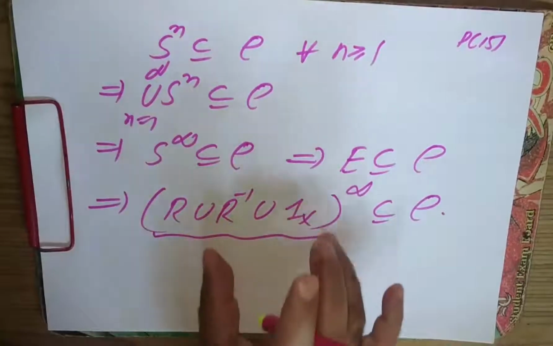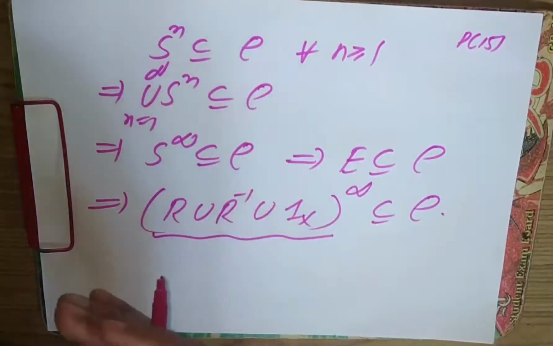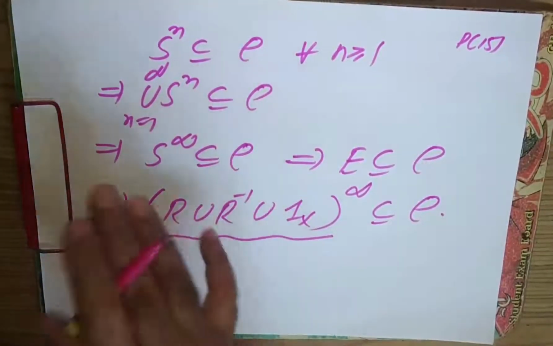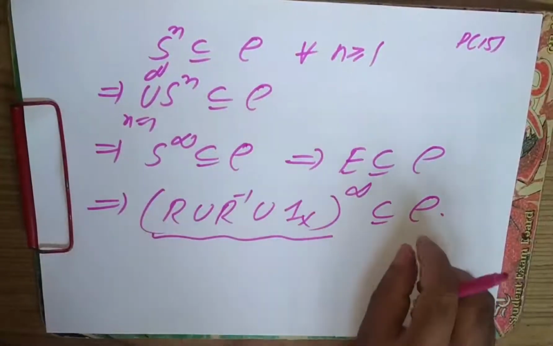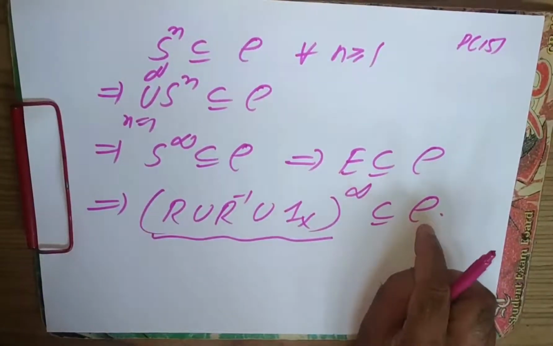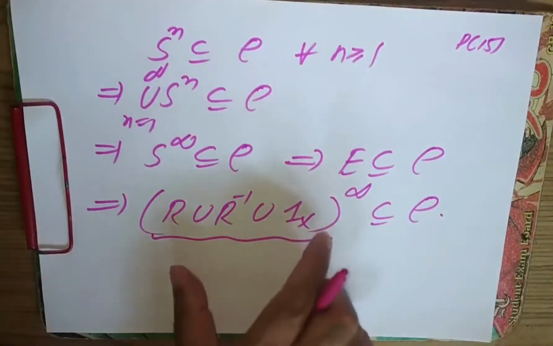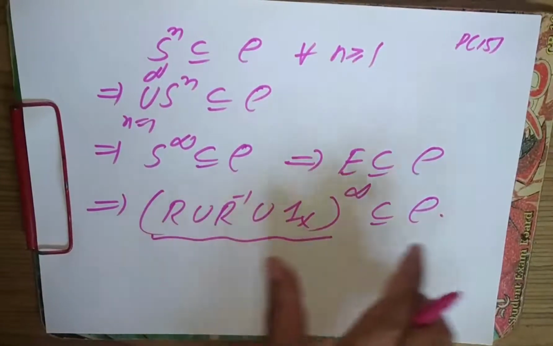It is already proved that this relation is an equivalence relation, and for any equivalence relation rho containing R, this one is contained in rho.